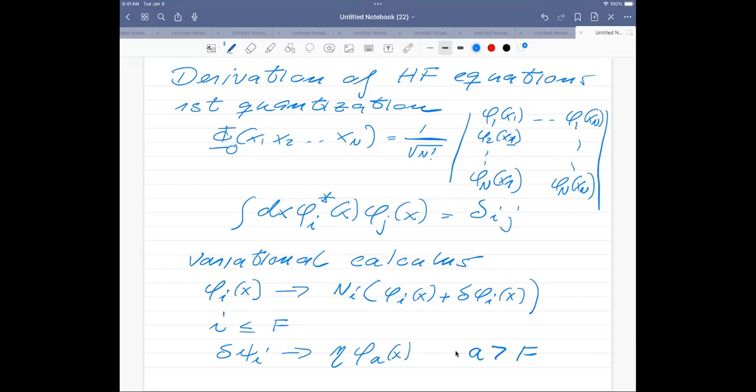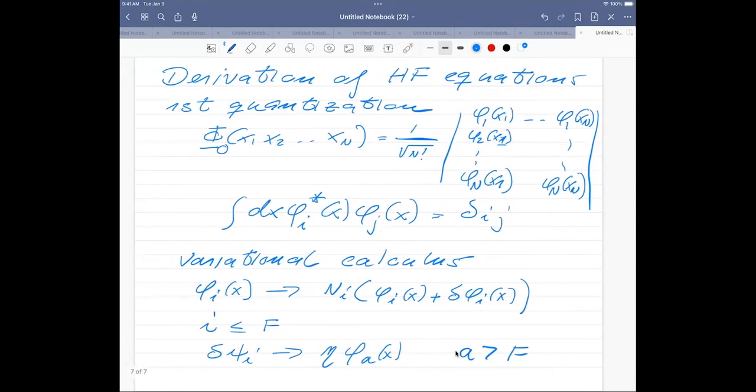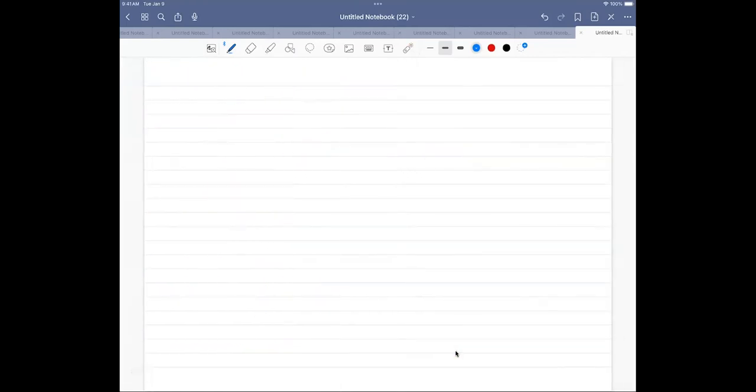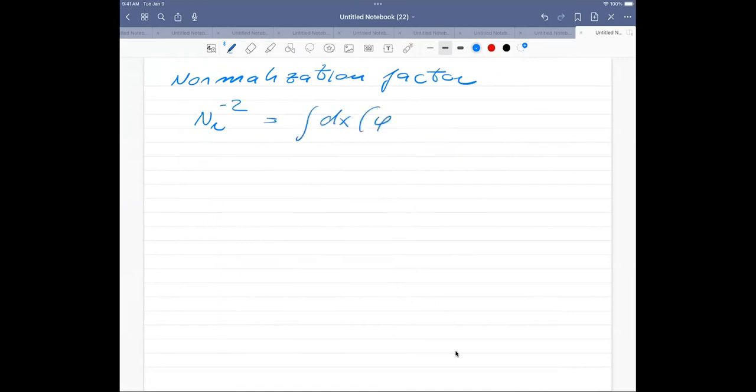So that means that I have a normalization factor. If you now look at the normalization factor for this function here, that gives us an n of i squared, and it's the inverse because now we want this to be 1. And then I would have an integral over dx, and then I have my original state complex conjugate.